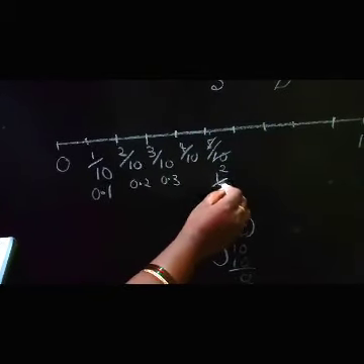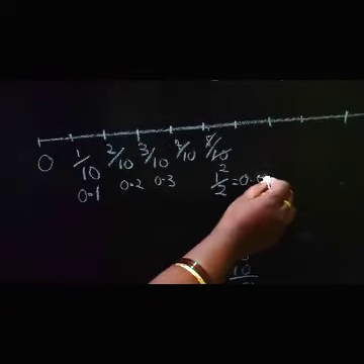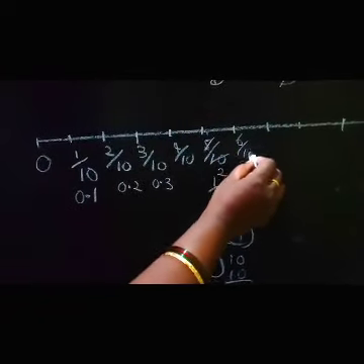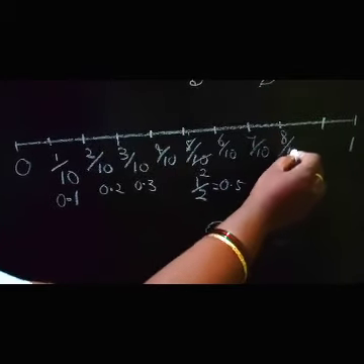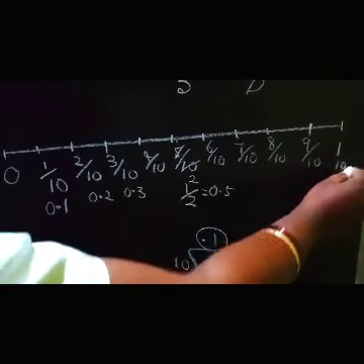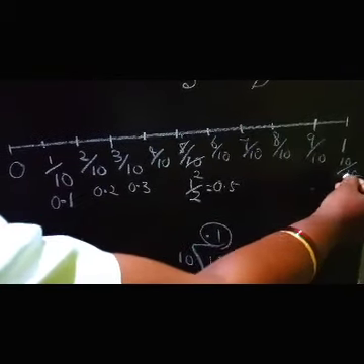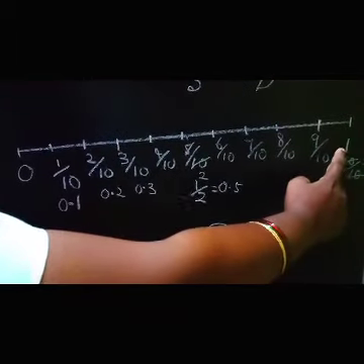That's how this is 1 by 2, otherwise we can tell 0.5. This is 6 by 10, 7th line is 7 by 10, 8th line is 8 by 10, 9th line is 9 by 10. This is 10 by 10. So, 10 by 10, numerator and denominator being the same number means that the value is 1. That's how it is 1.